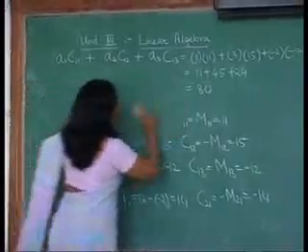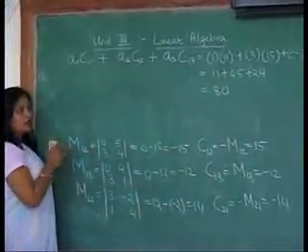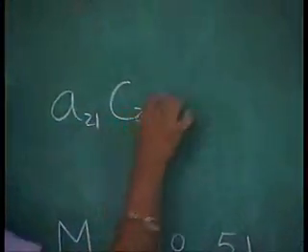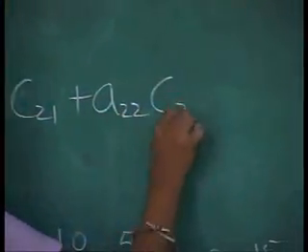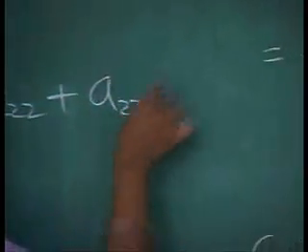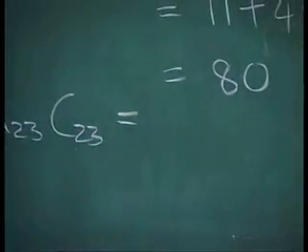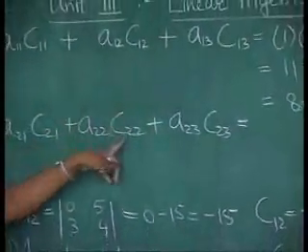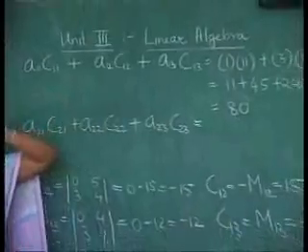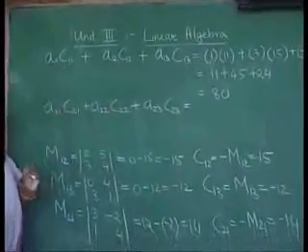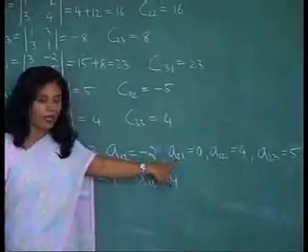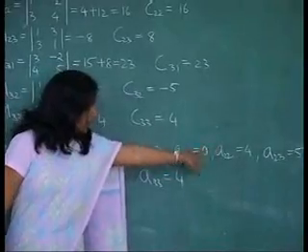Let us see what happens if I use elements of the second row, multiply them with the corresponding cofactors. I am taking elements from the second row, multiply by the corresponding cofactors, and then add all such products. If you have the matrix with you, you can see it from there. If not, I have listed the elements over here.